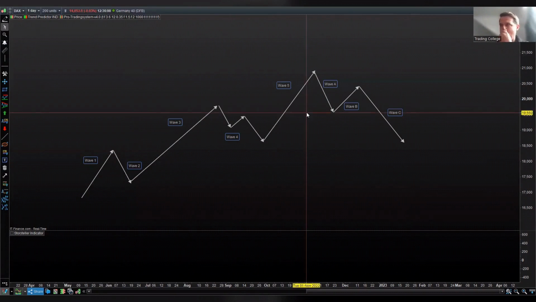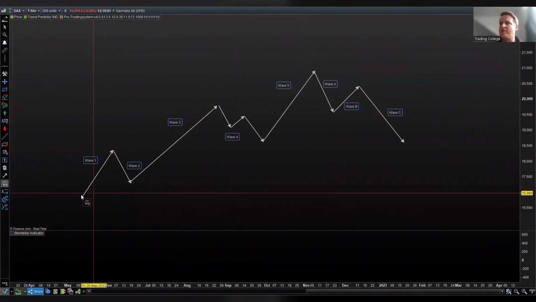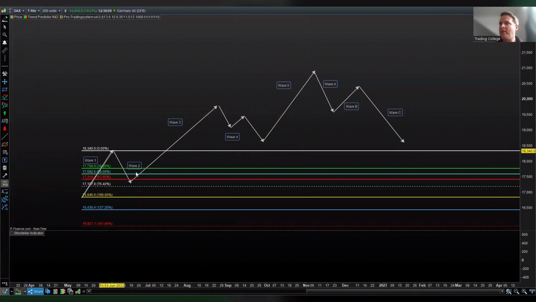Now one of the easiest ways is you can get a Fibonacci tool here, which we use at Trading College and we teach our students to use. We tend to run it from high to low here. And really where wave two, because this is where we're really interested. This is the rotation where we're trying to get into that longer move up.